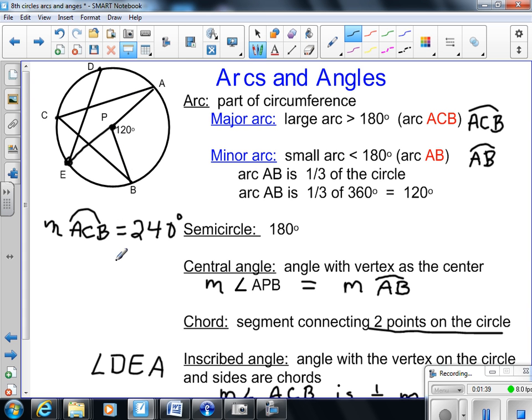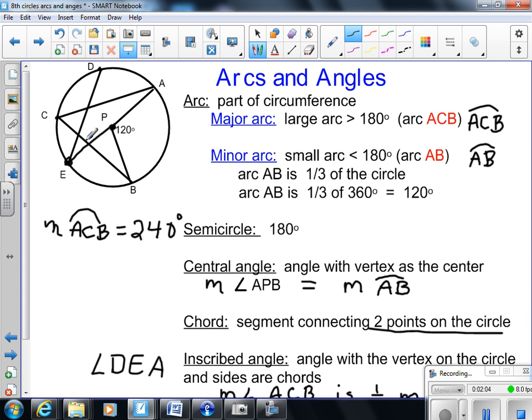Okay, a semicircle. A semicircle is 180 degrees. In other words, it covers just half of a complete circle, and that's called a semicircle. So the measure of arc ACB, because we know a semicircle is 180, AB is 120, this leaves a measure of 60.